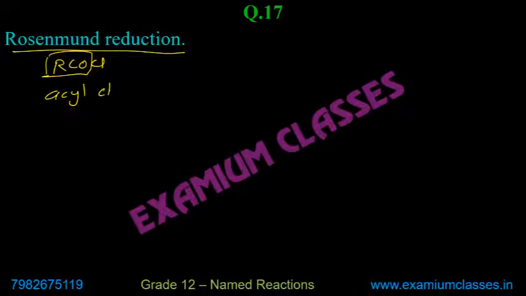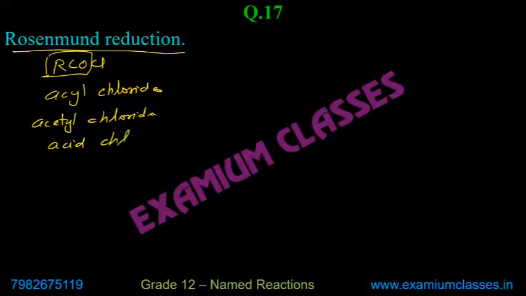So acyl chloride, or the same thing is known as acetyl chloride. Same thing is known as acid chloride, means acid halide. Same thing is written like this. So for example, in place of R, I take CH3. It will be CH3COCl.